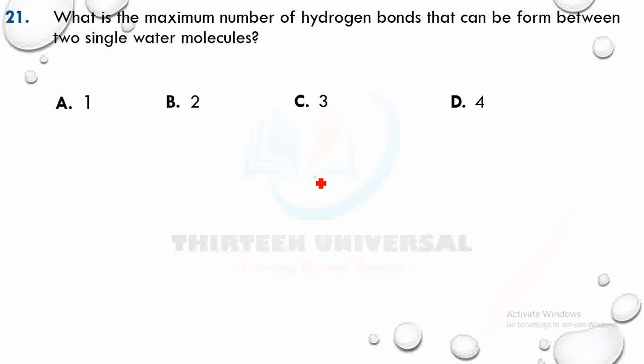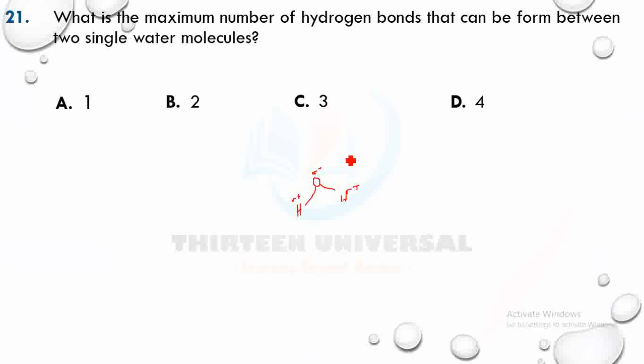If this is a water molecule, for example, this hydrogen is partially positively charged, and this oxygen is negative, right? So this water molecule can form a hydrogen bond with another water molecule here.